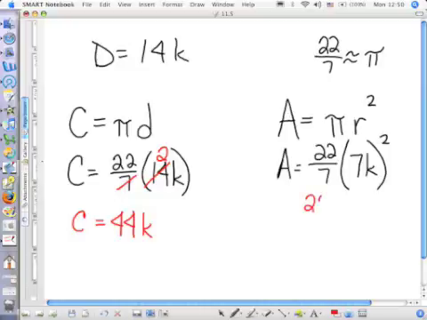So we've got 22/7 times, what is 7K squared? 49K squared. 7 is being squared and K is being squared. And now I can reduce here.